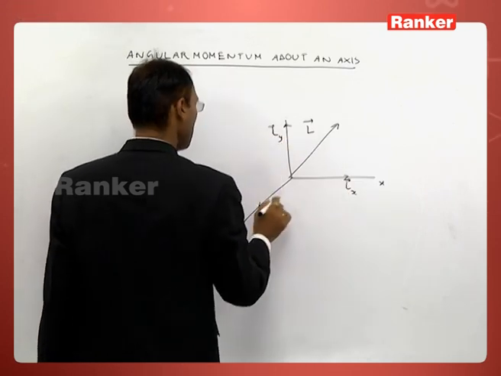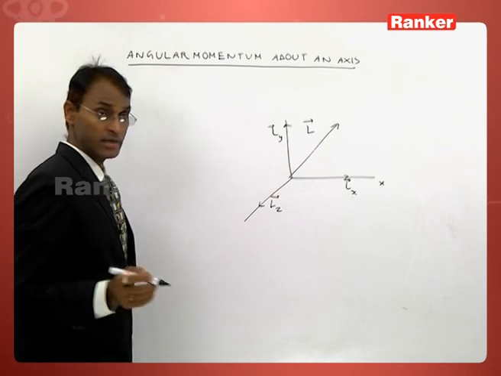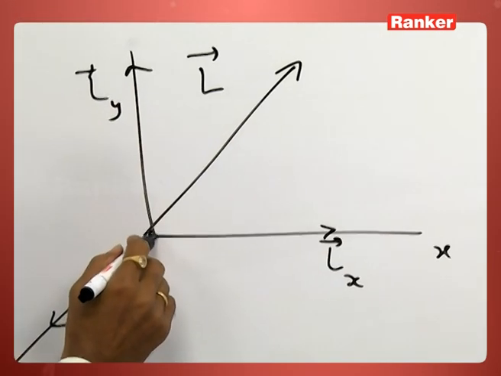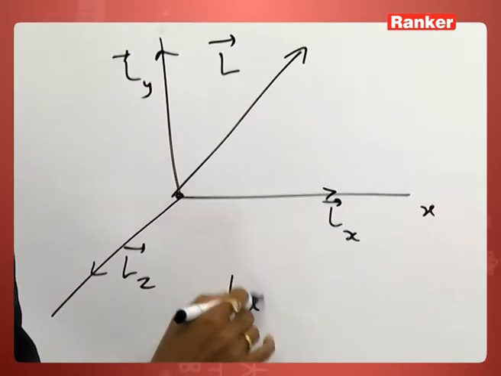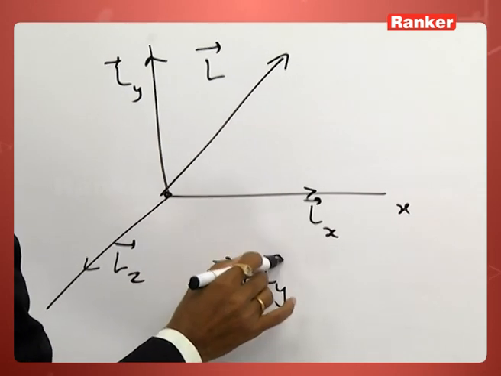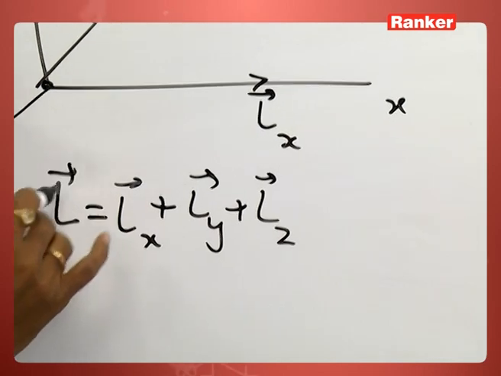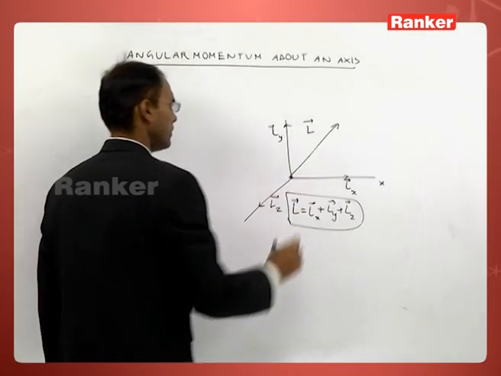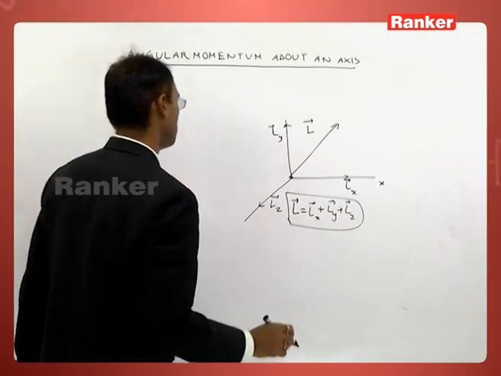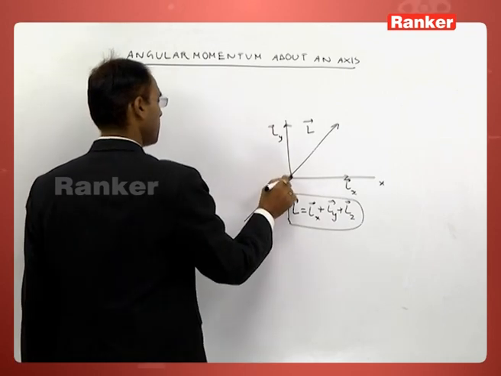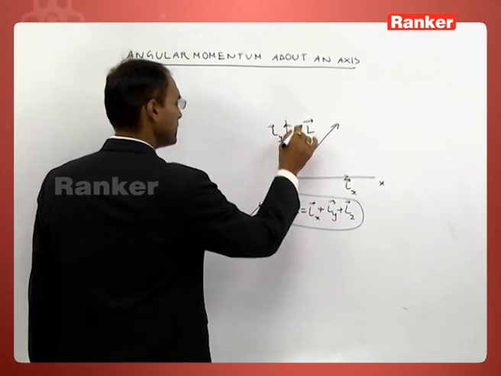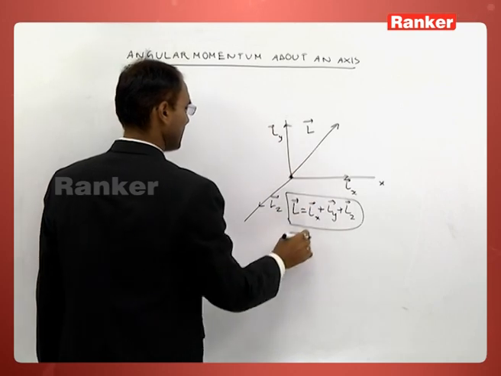If you add these three components, just like the components of an ordinary vector, you are getting the net angular momentum. So, angular momentum can be divided into three components.